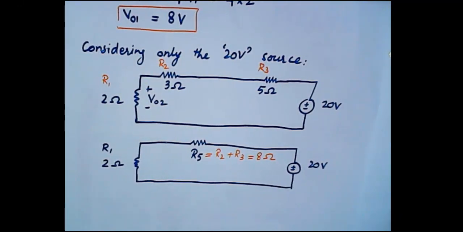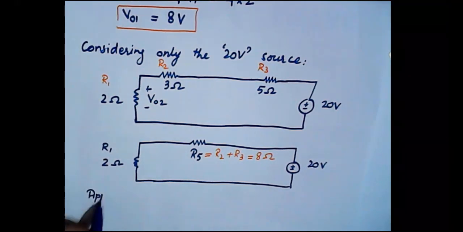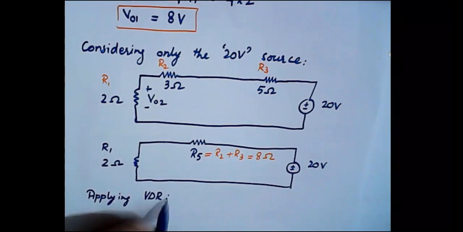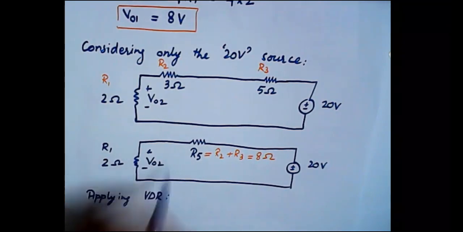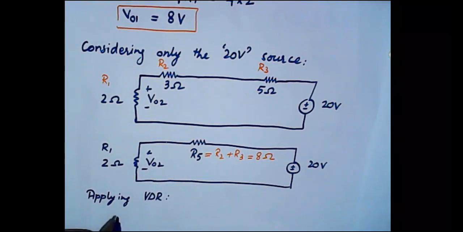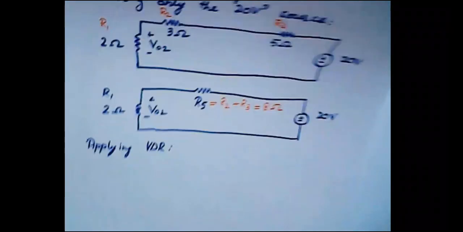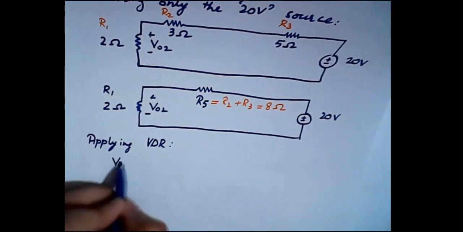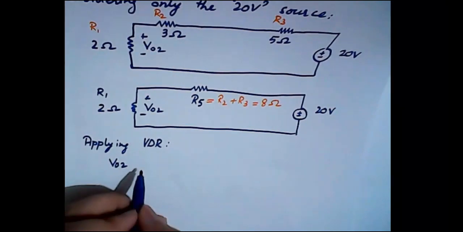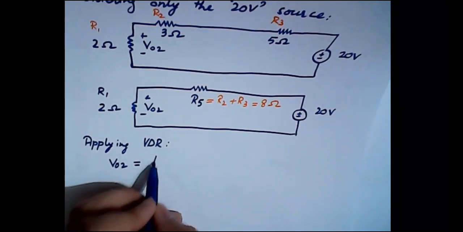So according to VDR, now applying VDR, V02 will be equal to how much? V02 will be equal to R1. Why?